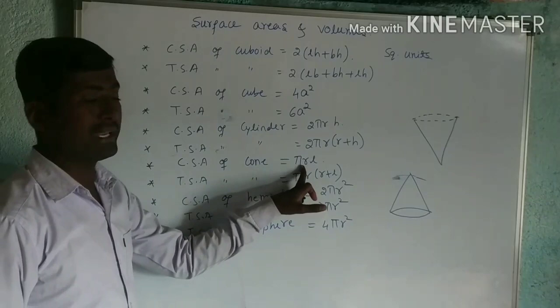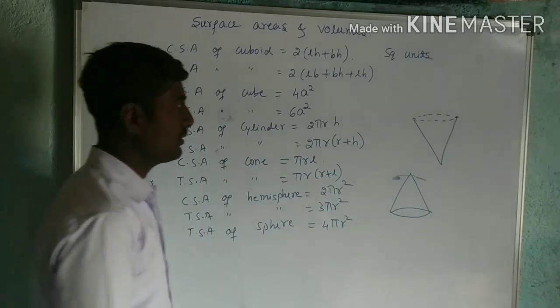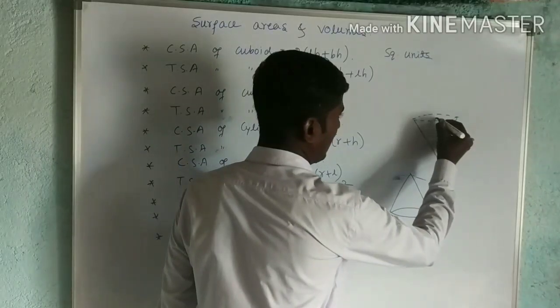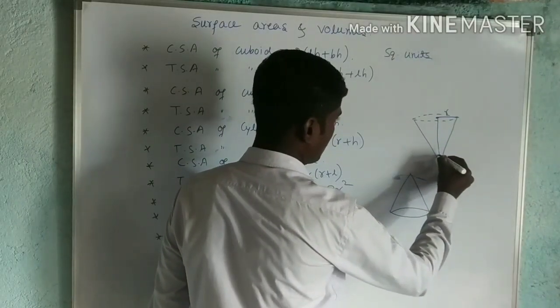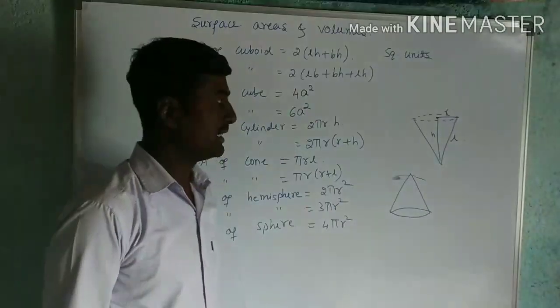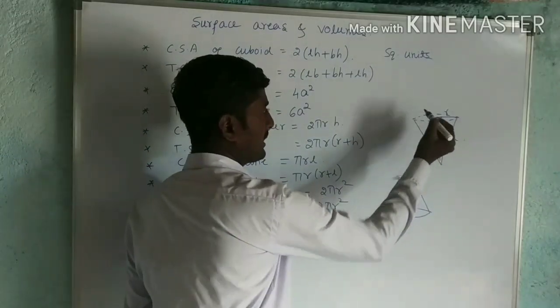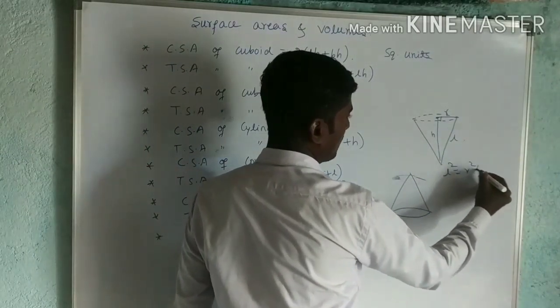CSA of cone is pi RL. L means the slant height. So this is R and this is the height, and this I will take as the slant height. Here you can apply the Pythagoras theorem. L square is equal to R square plus H square.